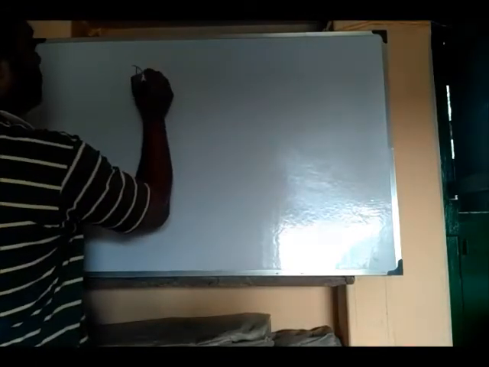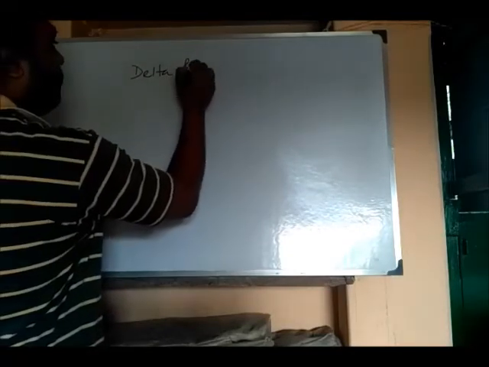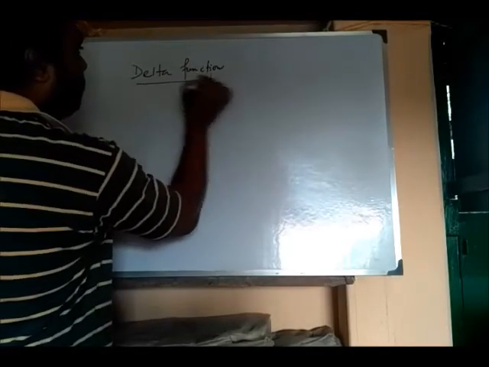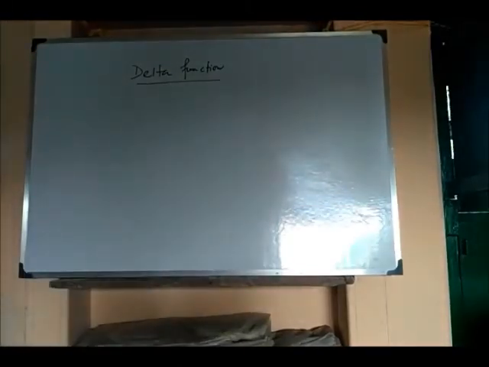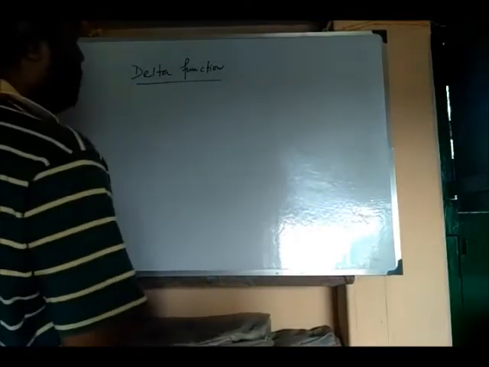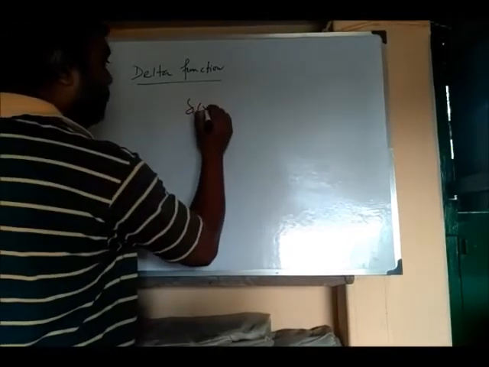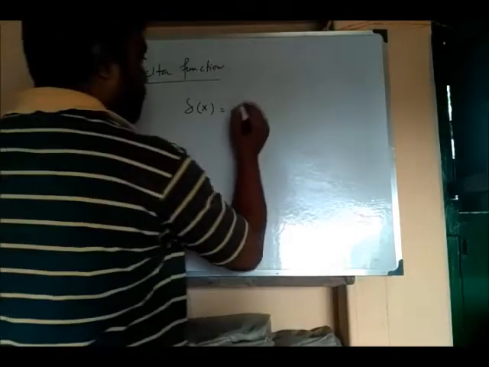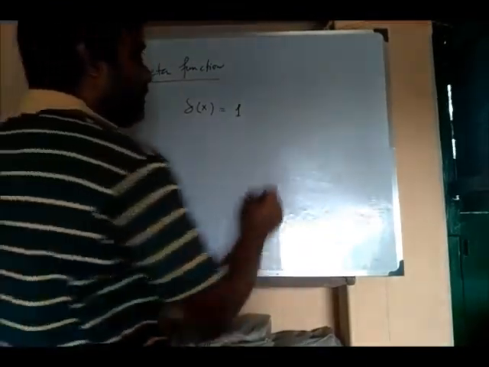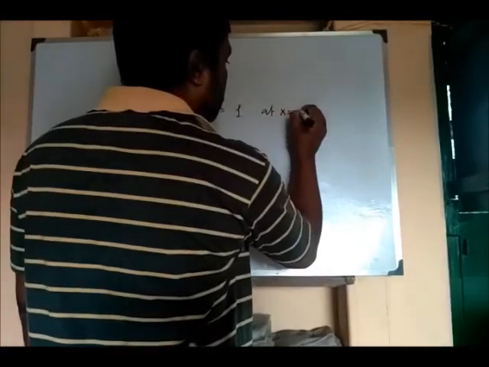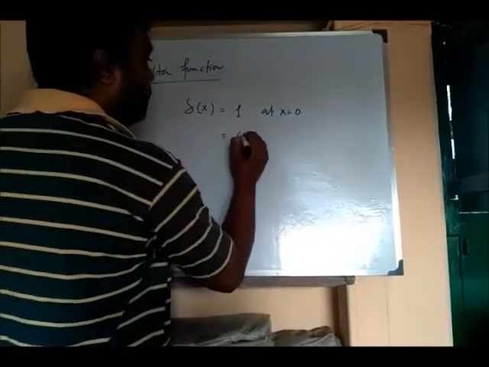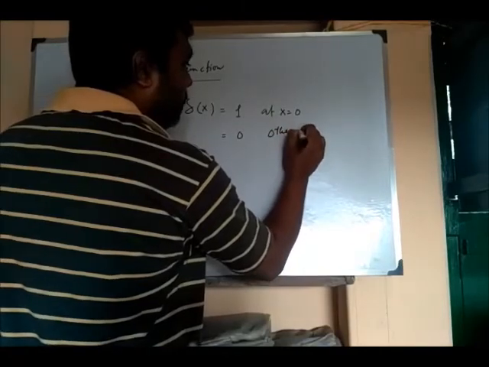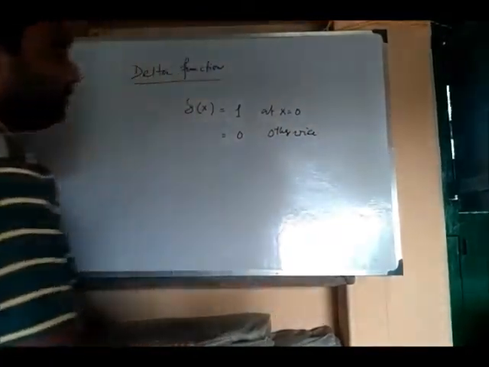So now let us consider a famous function, that is the delta function. Now what is a delta function? A delta function gives me 1 at x equal to 0 and 0 otherwise.